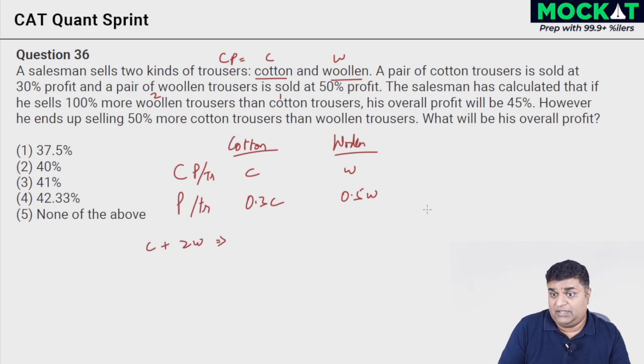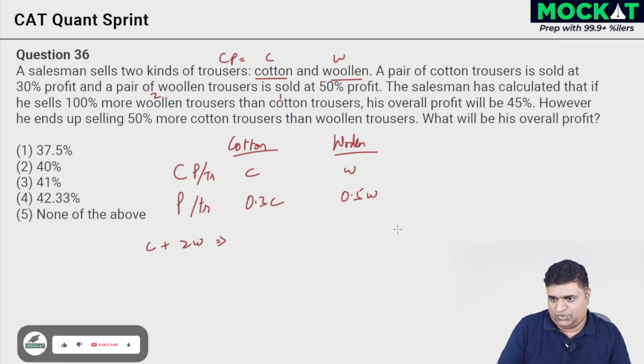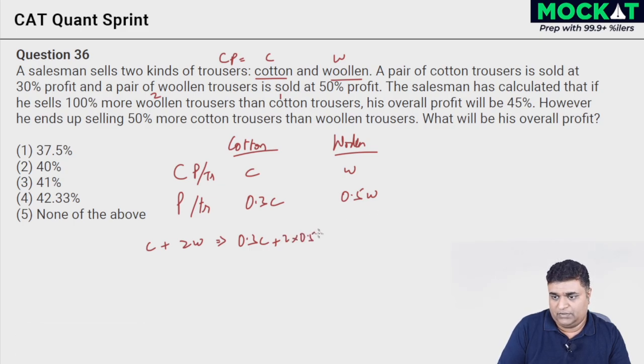What's going to be the profit? We are told that it's 45% profit. So 1C plus 2W. 1 cotton would have given you 0.3C profit. 2 woolen would have been 2 into 0.5W. Now this is equal to 45% overall. 45% is 0.45 of the overall C plus 2W of cost price.